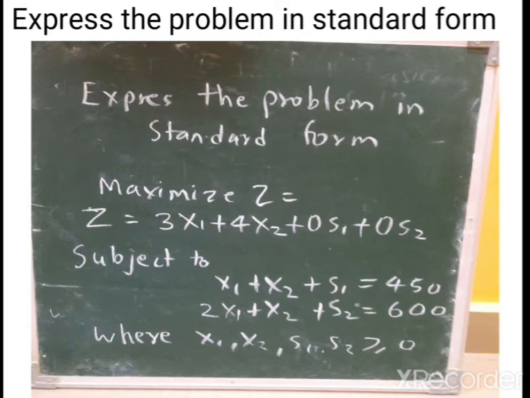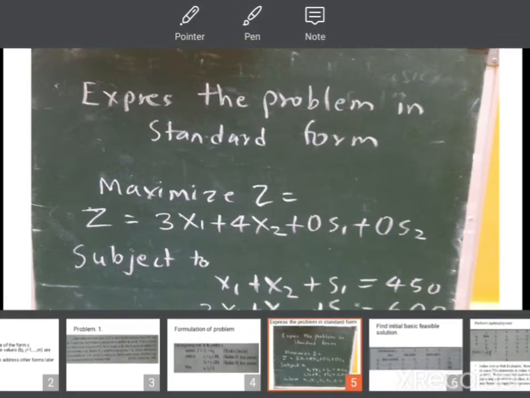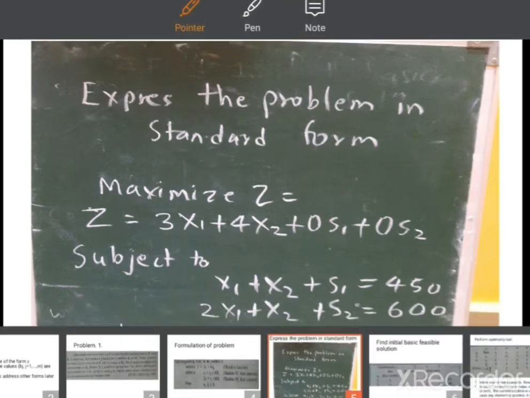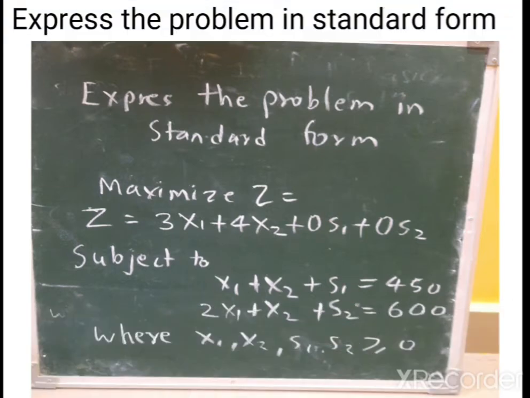The slack variables represent unutilized capacity or resources. In the current problem, S1 denotes the time for which machine M1 remains unutilized or idle.